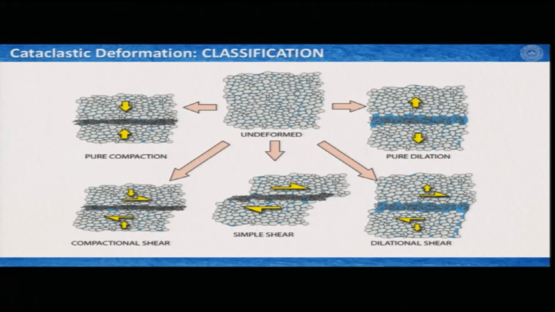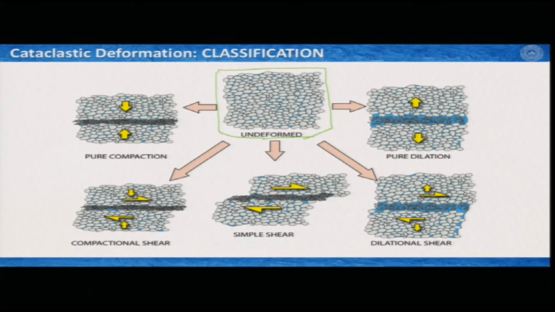Now, talking about this porosity reduction or permeability reduction, etc., particularly applicable for localized cataclastic deformation, here I try to give you a summary diagram, some sort of classification diagram. So, if I consider this one as an undeformed setting of grains and these blue things behind are your pore spaces, then you can have pure compaction without any shear component.